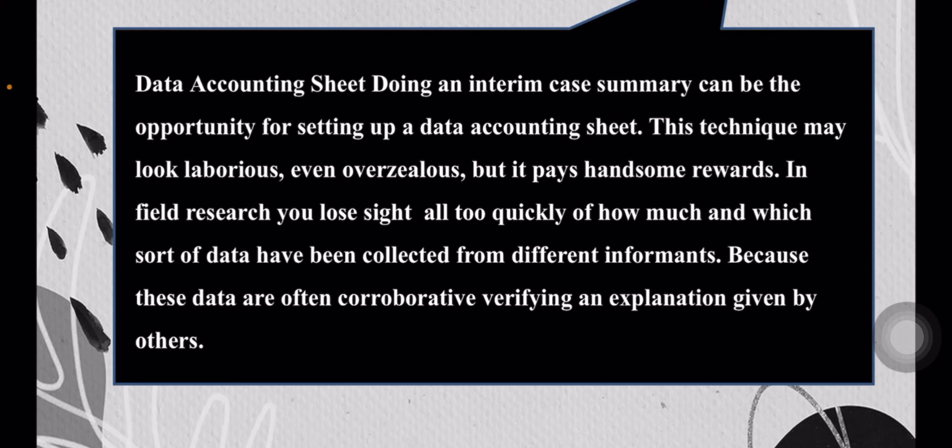In field research, you lose sight all too quickly of how much and which sort of data have been collected from different informants, because these data are often corroborative, verifying an explanation given by others.